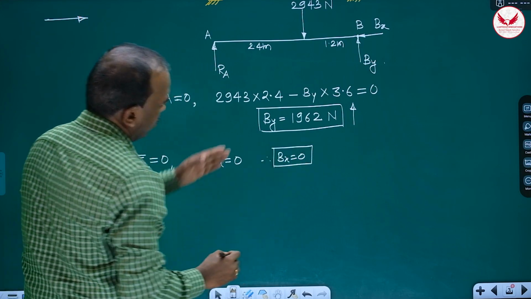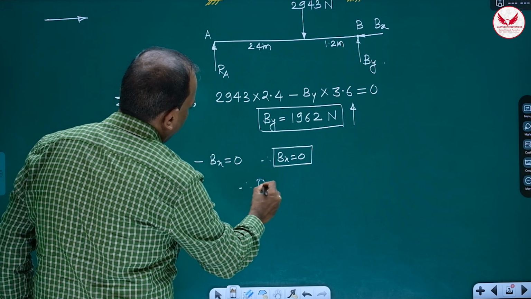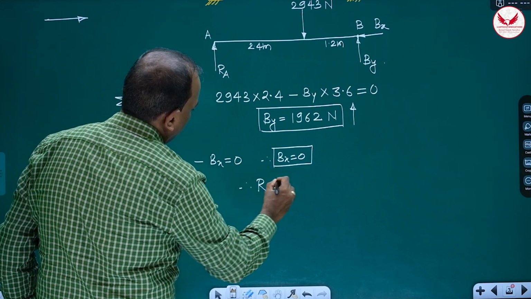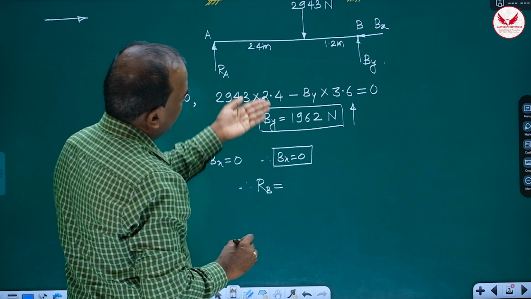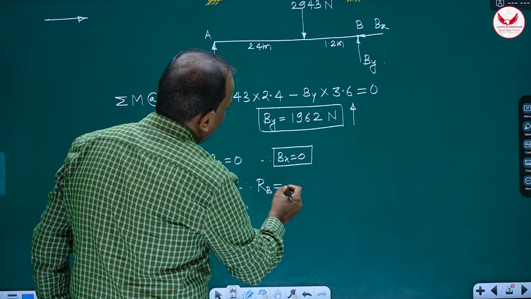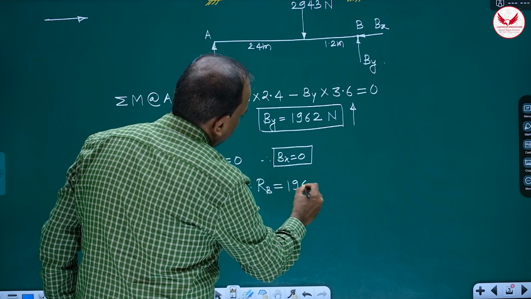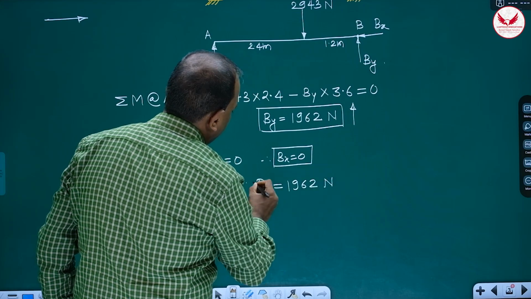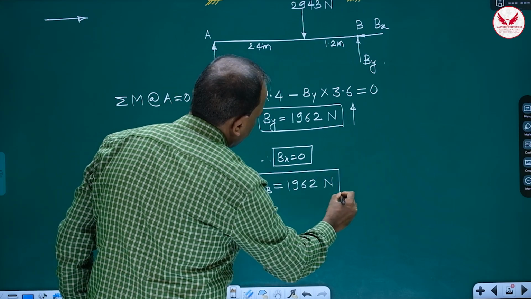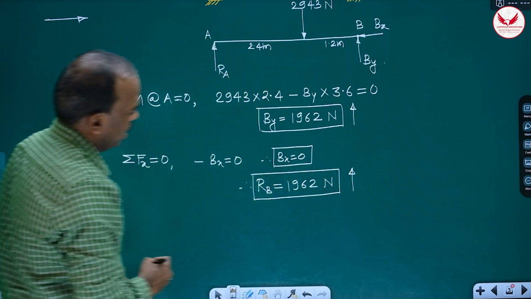If Bx is 0, By is this. Hence, what will be the reaction at B? Reaction at B is root of Bx square plus By square. So Bx is 0, hence Rb is going to be By itself, and it is 1962 Newton. So this is the reaction at B, vertically upward.